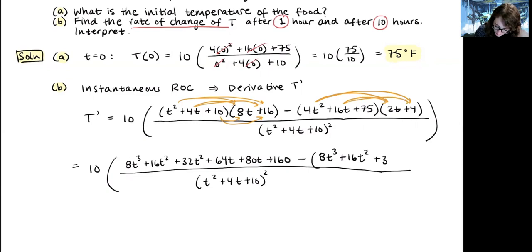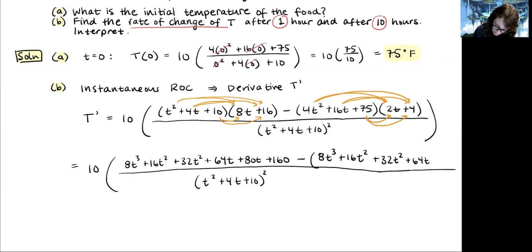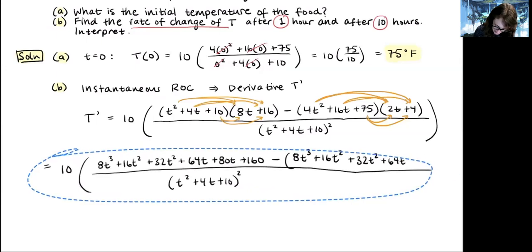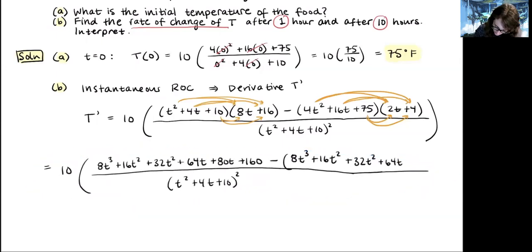So that'll be plus 32t squared plus 64t. Then we'll distribute the 75 into the 2t and the 4. 75 times 2 is 150. And then 75 times 4 will be 300. I think that's the end, so big parentheses to end that.